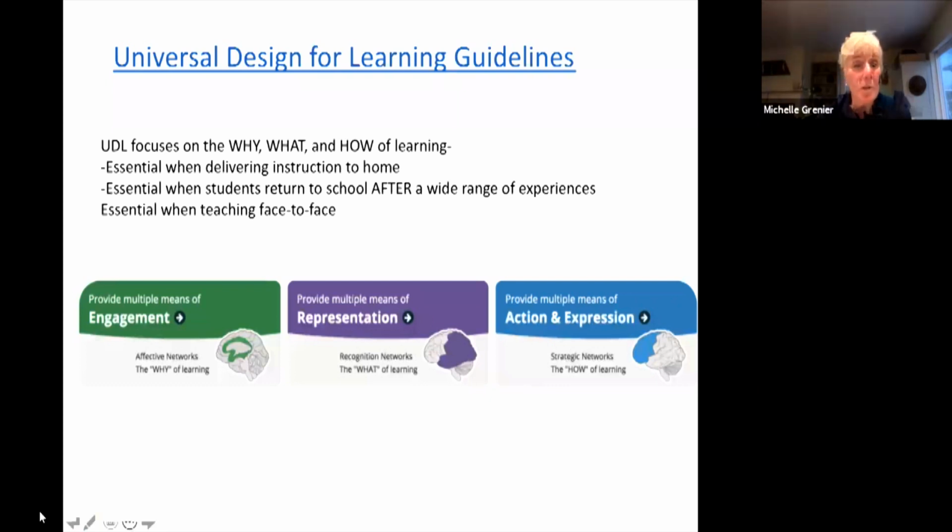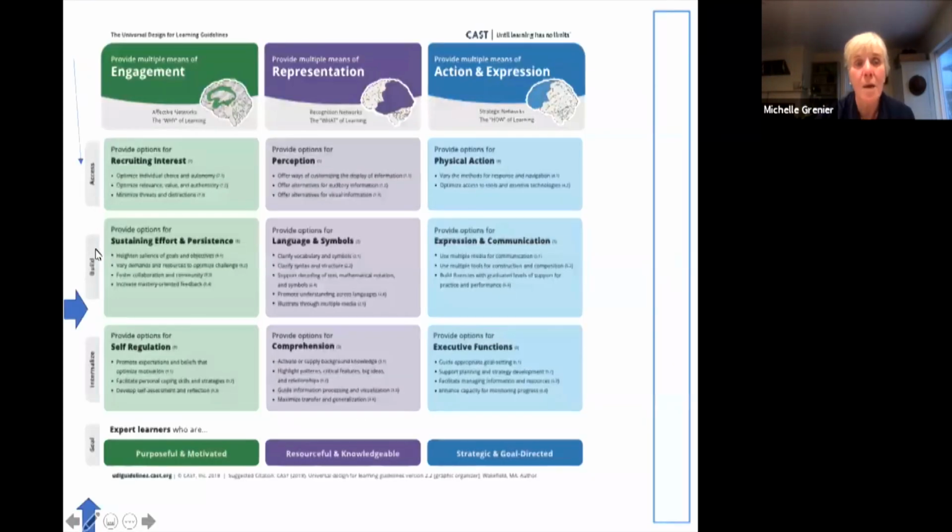And what's really unique about this scale is you may start at a low end where you're talking about access, this key on the side, but then by really embedding these principles within your teaching, what we hope is that we're working with and contributing to physically literate individuals where they can make their decisions, where they can advocate for themselves, where they can engage in lifelong physical activity. So through again, these three principles: engagement, representation, action, and expression, we really try to enhance student learning. And we're going to drill down a little bit deeper with each of these concepts in the next couple of slides.